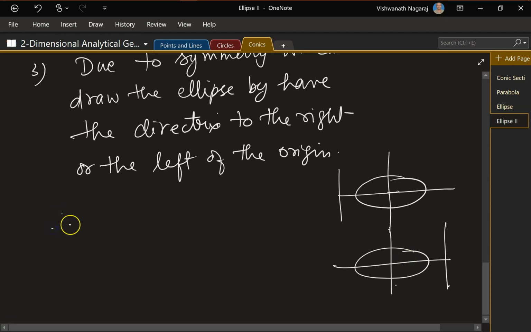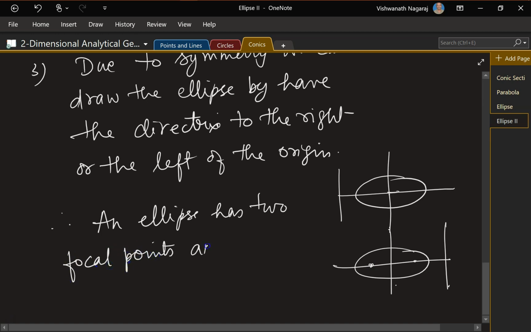So therefore an ellipse has two focal points, one on this side and one on this side. Two focal points and two directrices.